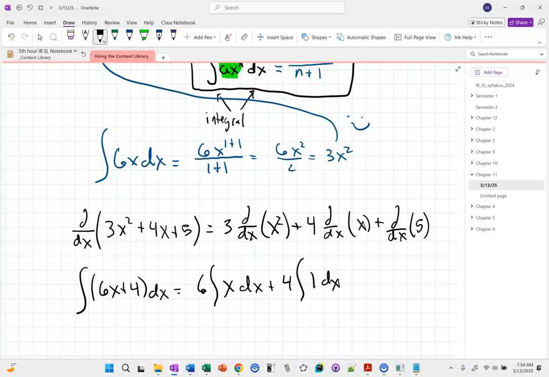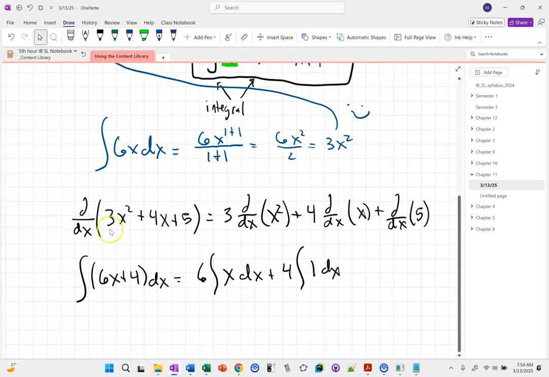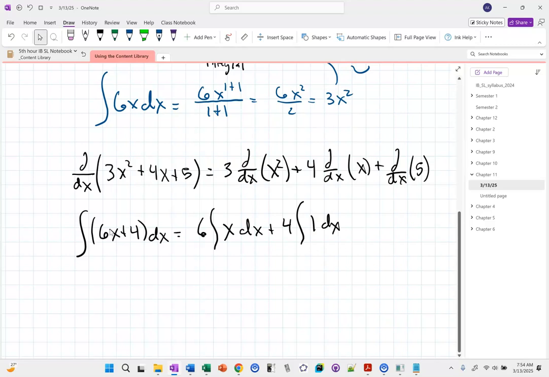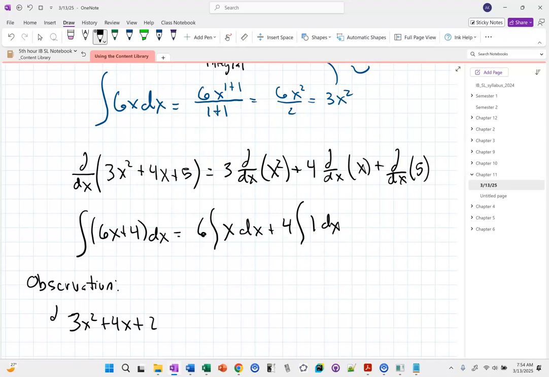Let's do some examples here. Oh, one other observation I should say. Let's say we have 3x squared plus 4x plus 2 this time. If I do the derivative of this, what are we going to get?